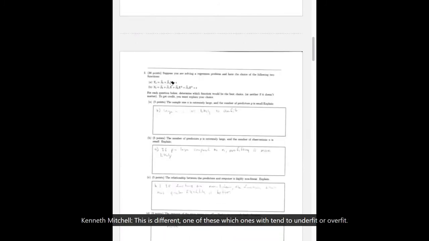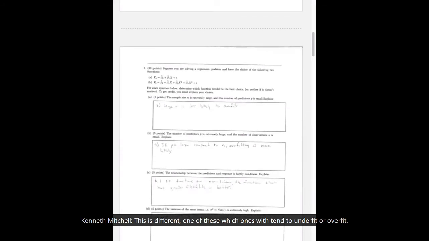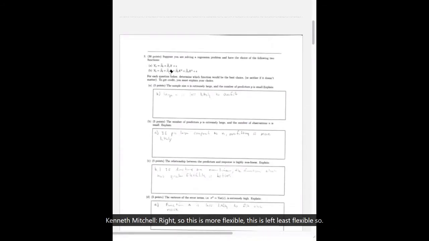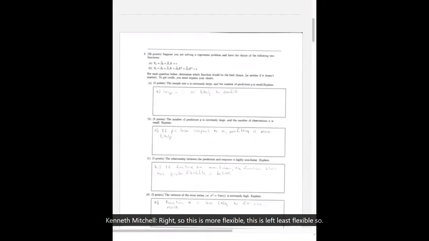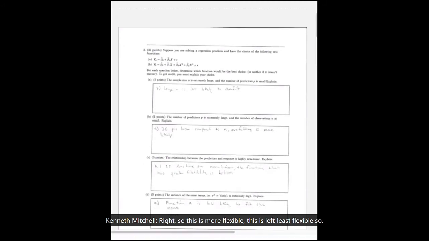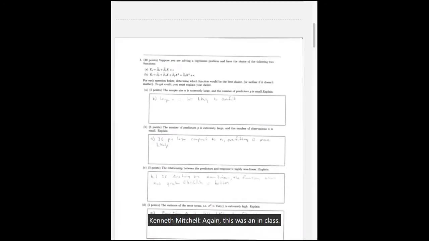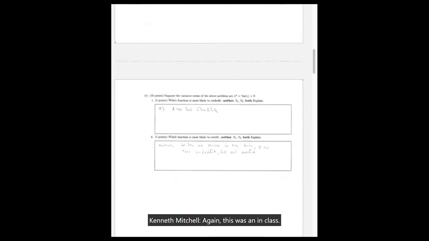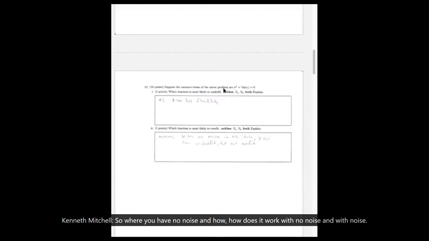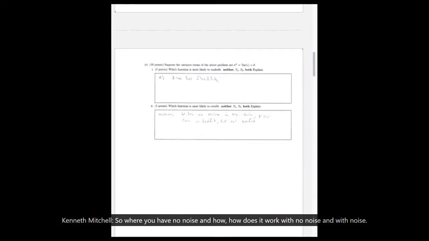This is a different one: which ones would tend to underfit or overfit. So this is more flexible, this is least flexible. Again, this was an in-class thing, again with flexibility. So where you have no noise, how does it work with no noise and with noise?